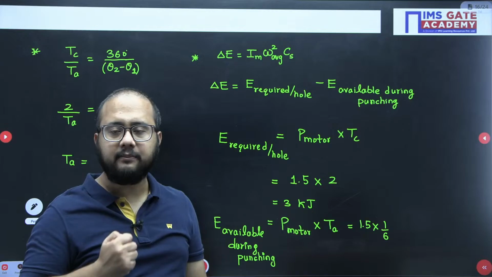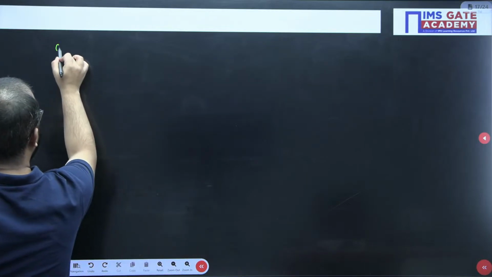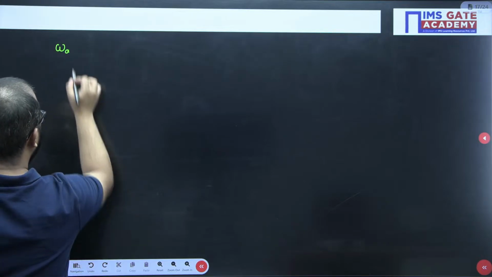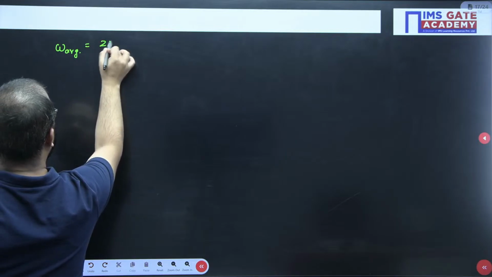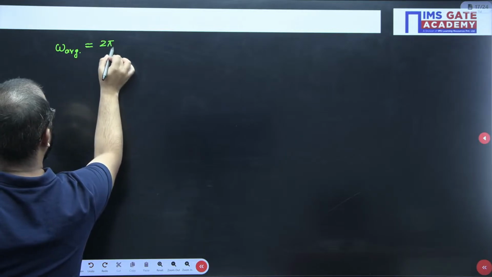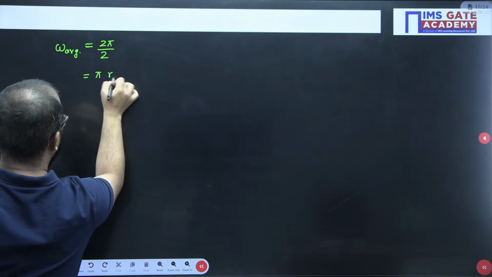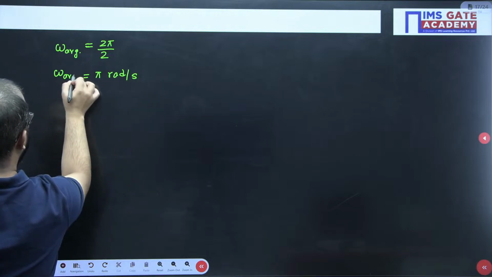That is the cycle time, right? So omega average: angular rotation was 2 pi and time taken is 2. So pi radian per second is the omega average.